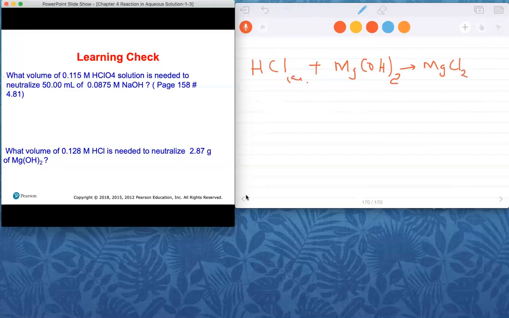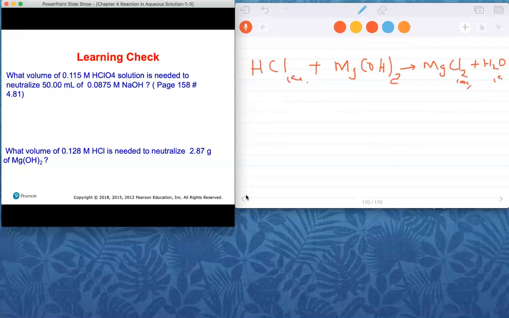You have to play with the rules. Plus H2O, it forms a salt and water. This is aqueous, it is soluble in water. Now, if I look at the mole ratio, we need to balance the equation.